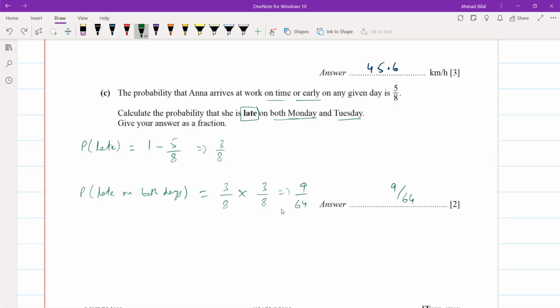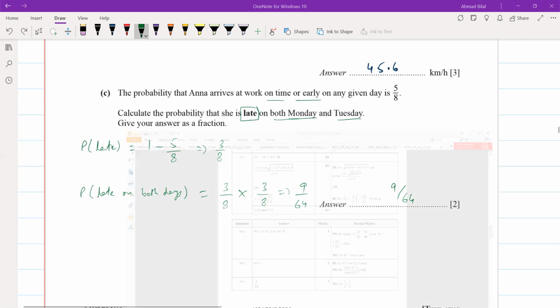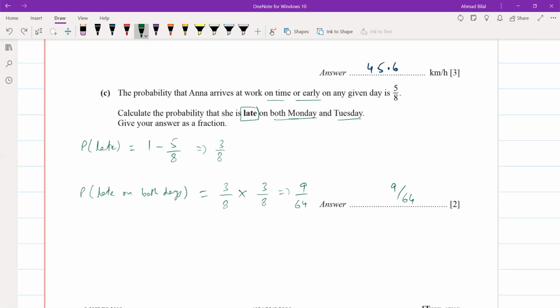सर इसका ये नहीं समझ आया कि 1 माइनस हमने क्यों किया. अच्छा, उसने तो ये बताया नहीं कि मंडे ट्यूसडे के अलावा के दिन में जो 5/8 वाले हैं, वो एनी डे का है ना, बीइंग लेट ऑन. अच्छा नहीं आप उसको गलत बात समझ रहे हो.